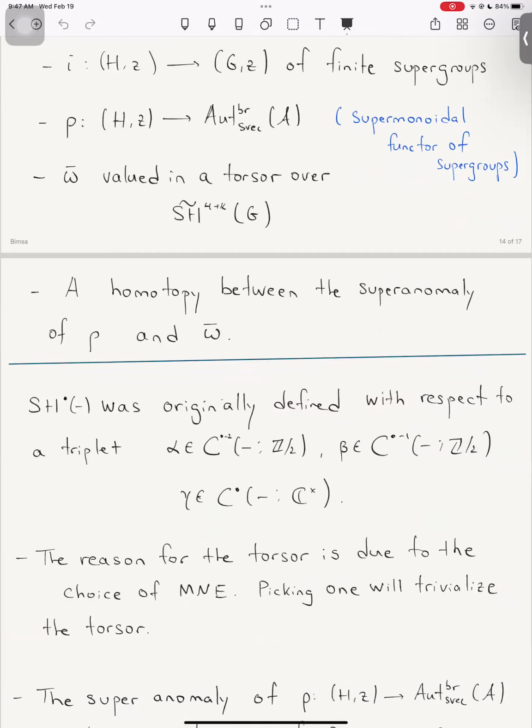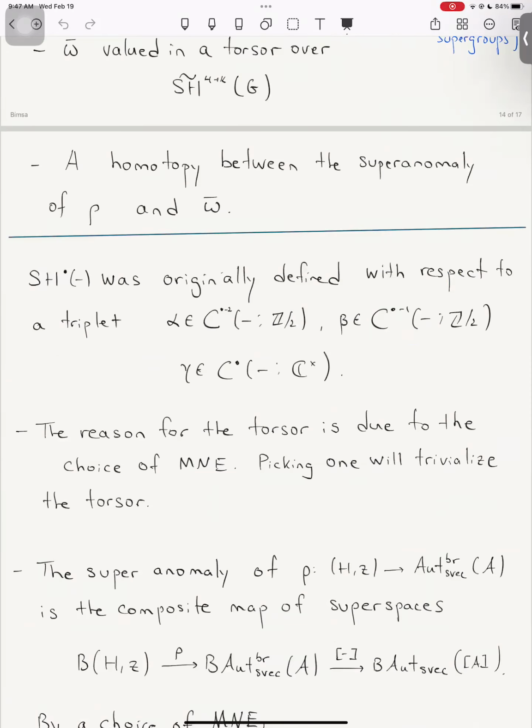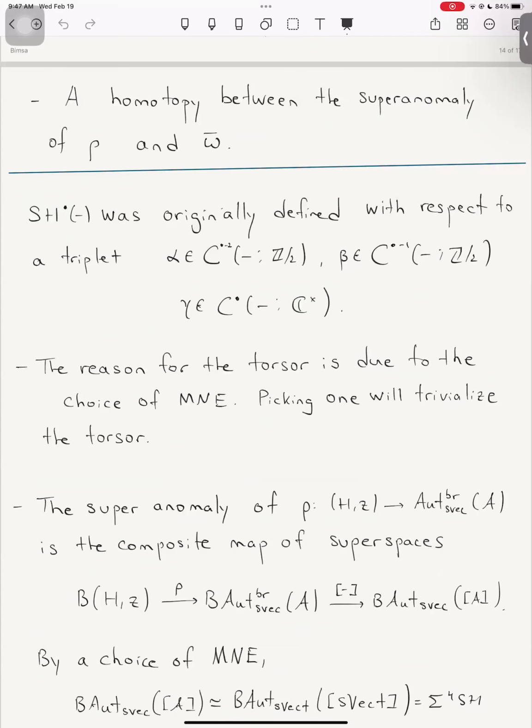So super cohomology was initially defined with respect to a triplet of data. You should think of supercohomology as a thing which has three non-trivial homotopy groups, namely a Z2, a Z2, and a C cross.